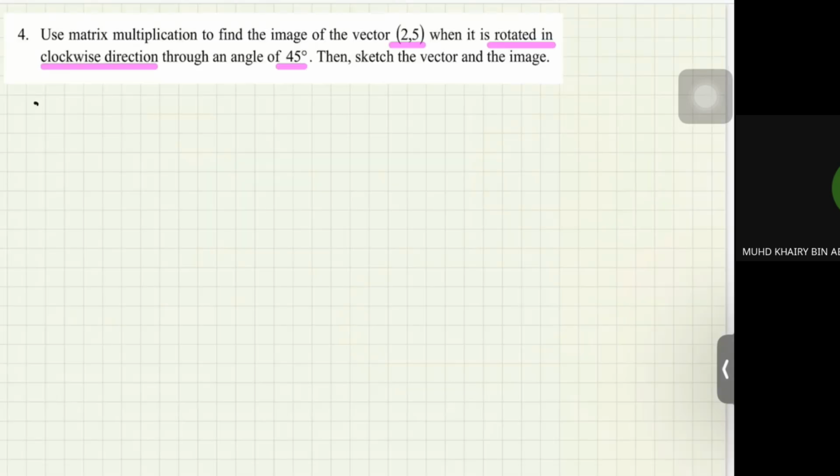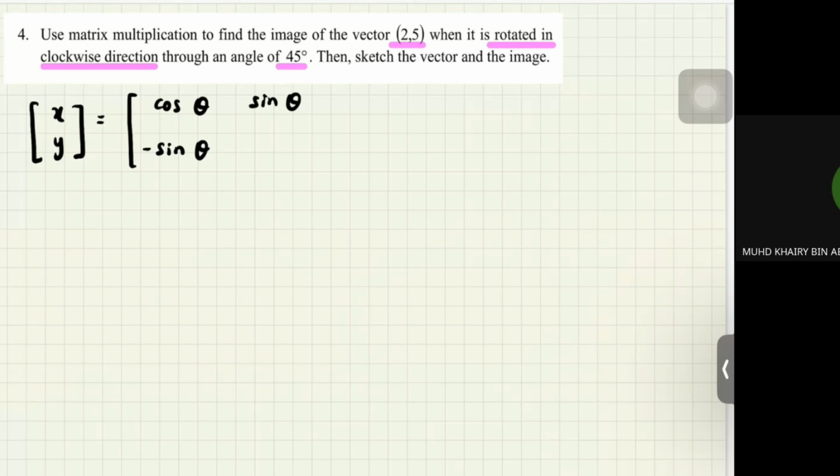So x and y is given by this standard matrix, cos theta, minus sin theta, and cos theta, multiplied with the given vector 2, 5. Okay, here the angle is 45 degrees.